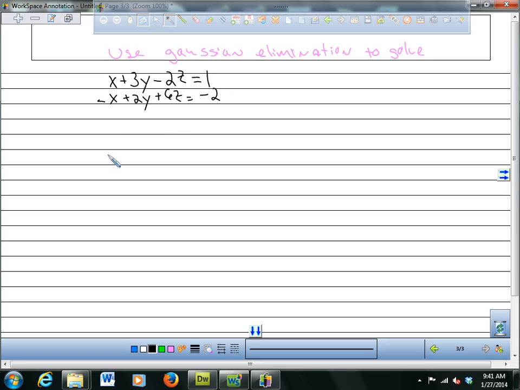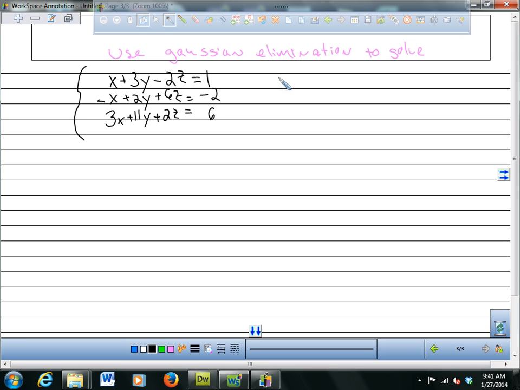And then we have 3x plus 11y plus 2z equals 6. So, okay, who can tell me what I should do first?